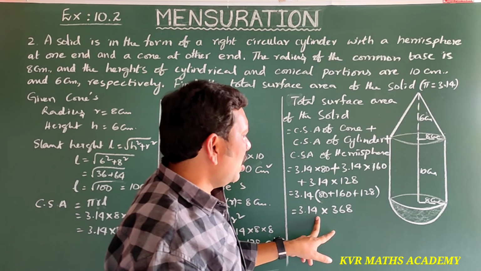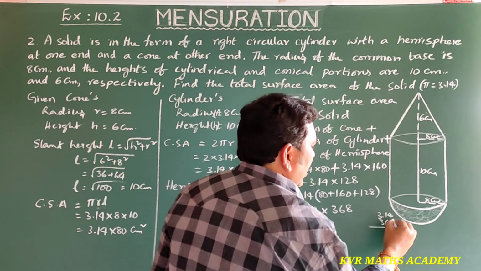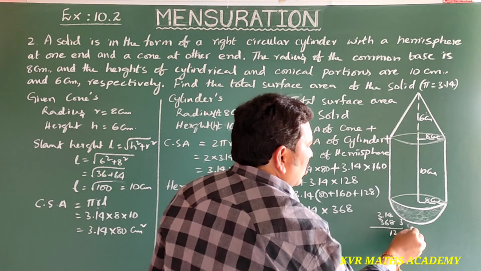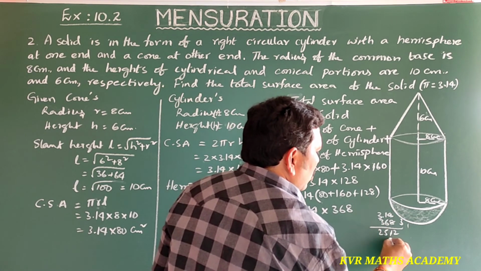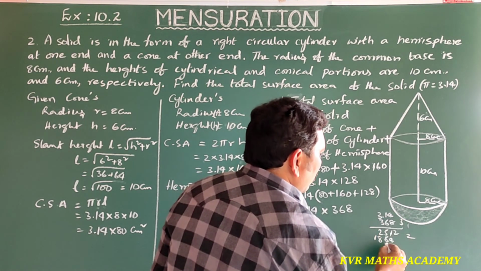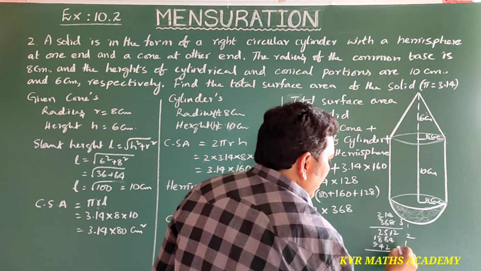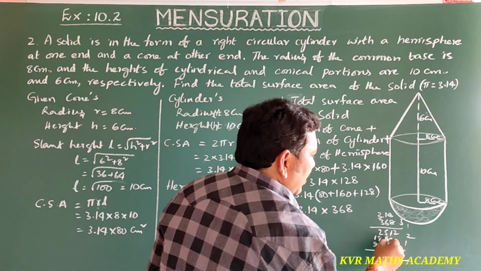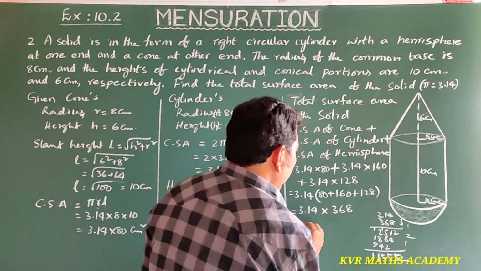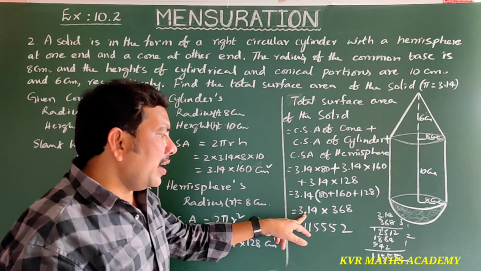Now multiply 3.14 into 368. Carrying out the multiplication step by step, we get 115552. After the point, how many digits are there?